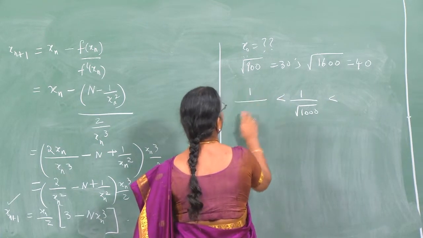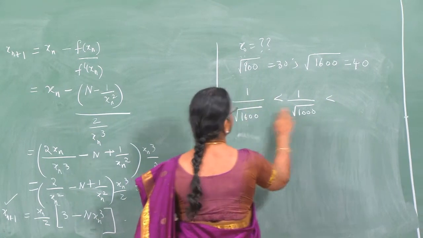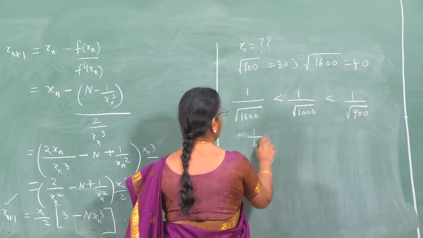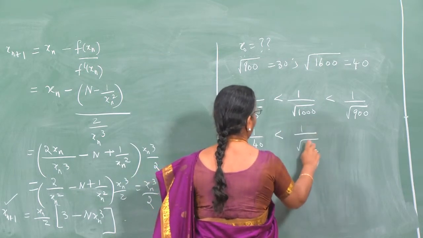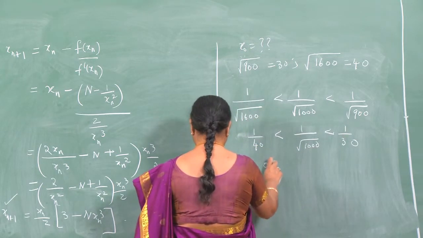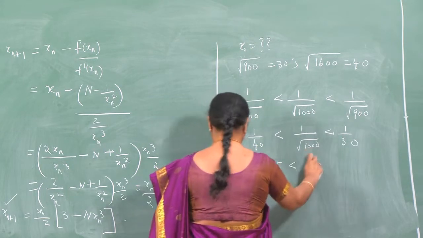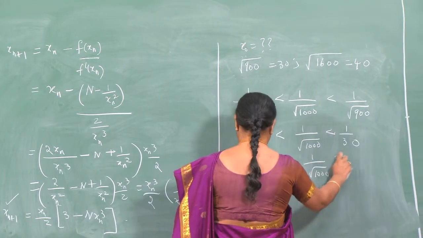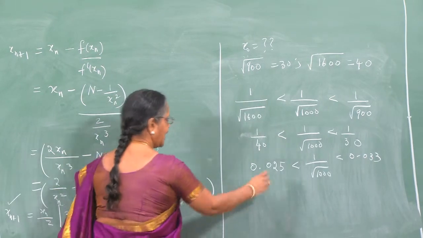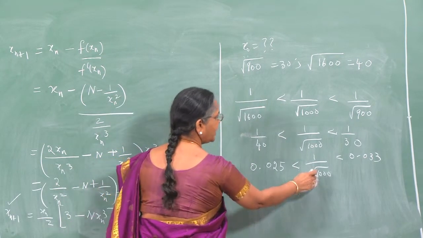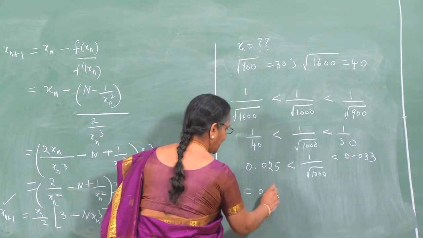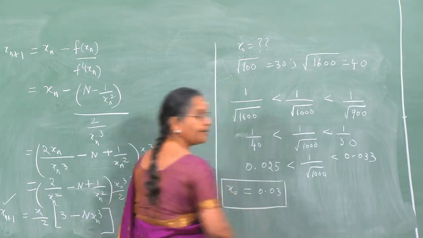So, it will lie between 1 by root of 1600 and 1 by root of 900, namely will lie between 1 by 40 and 1 by 30, or it will lie between 0.025 and 0.033. So, I can take my x naught to be a value which is less than 0.033. So, let me take it to be 0.03.